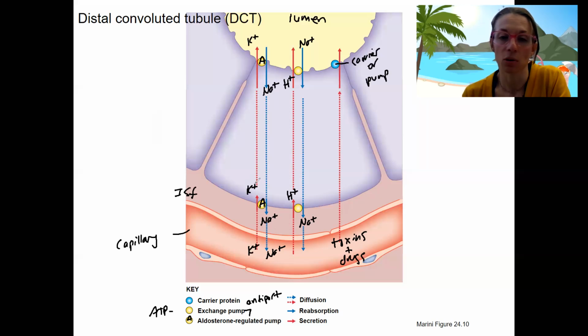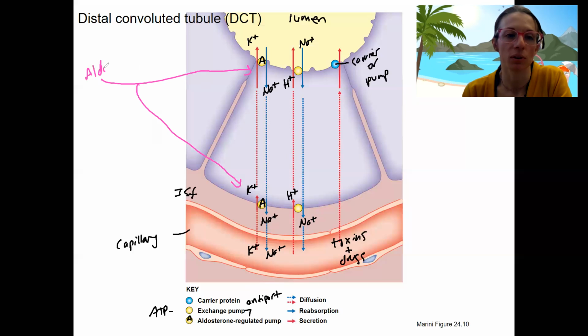So potassium's going out, secreted, sodium is being reabsorbed. These pumps are put into the membrane via stimulation by aldosterone, a steroid hormone produced in the adrenal gland.